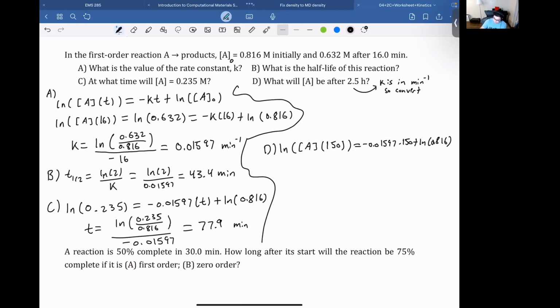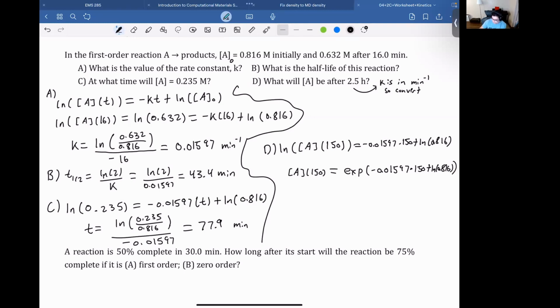You do a little bit of algebra, right? You end up exponentiating both sides. So think of this as e to the power of 0.01597 times 150 plus ln of 0.816.